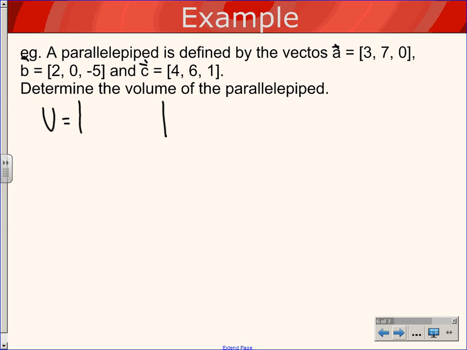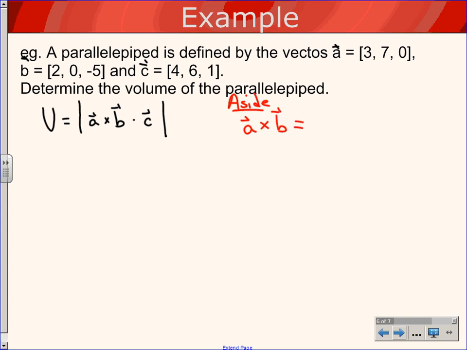And remember, it's much easier to do the cross product with zeros in it. So we're going to be better off doing A cross B first, and then dot product that with vector C. You'll get the same answer no matter what you do, but this is going to make the calculation a little bit easier because vectors A and B have zeros.